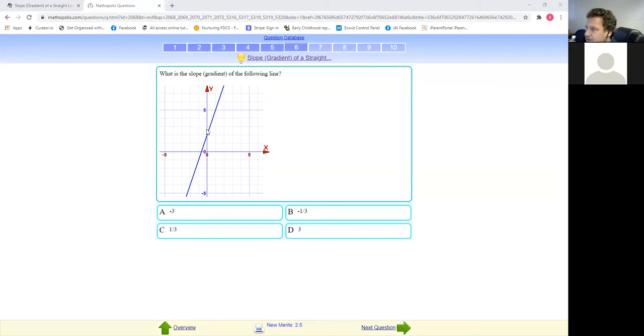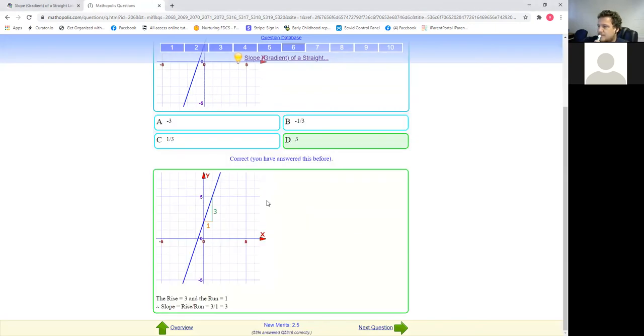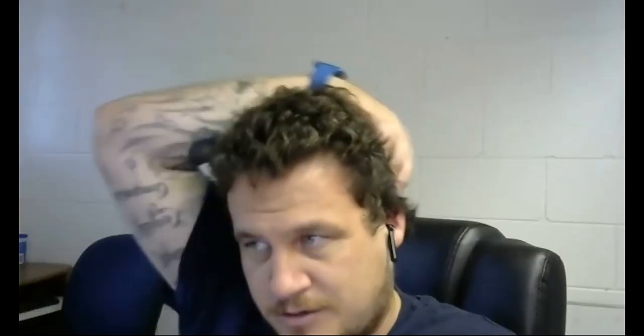So the rise is 1, 2, 3, and the run is 1. So 3 divided by 1 should be 3. Perfect.